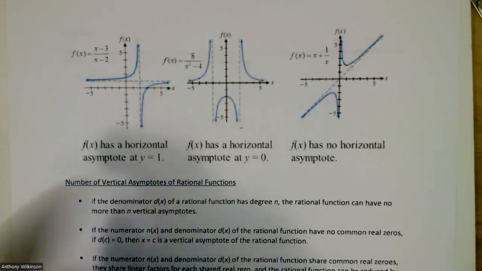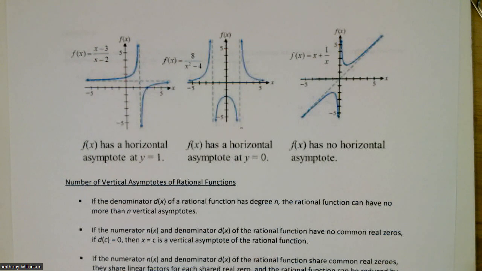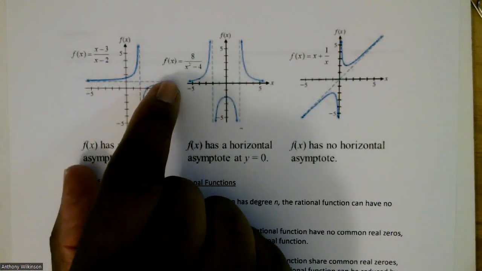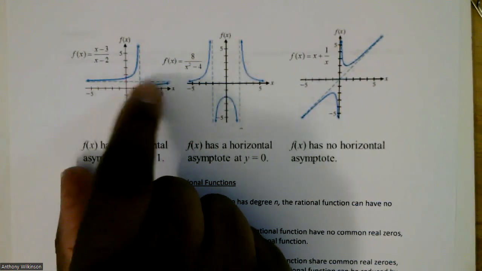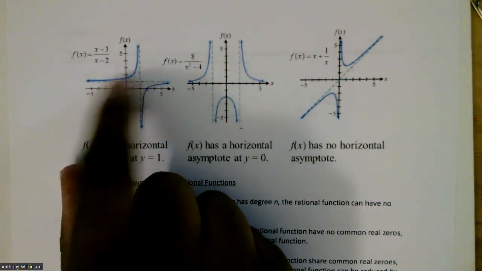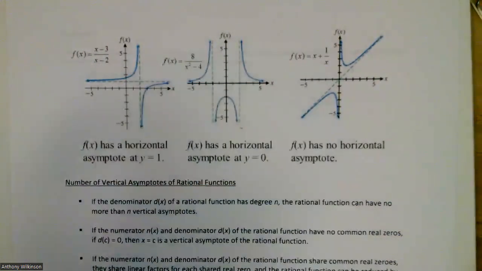So for this first graph here, we have a horizontal asymptote at y is equal to 1. Here's the horizontal asymptote there at y is equal to 1. You see it gets closer and closer to the horizontal asymptote, but it will not cross it.